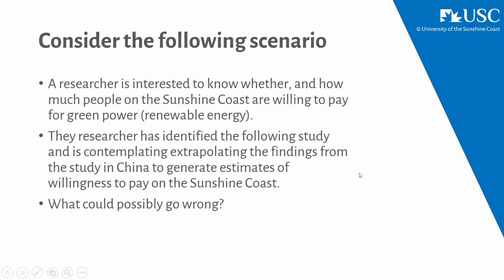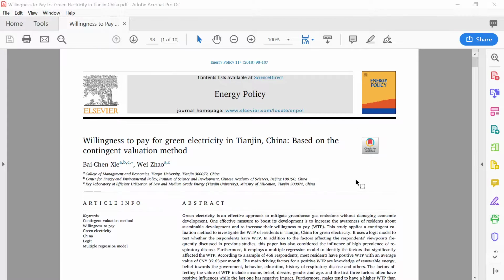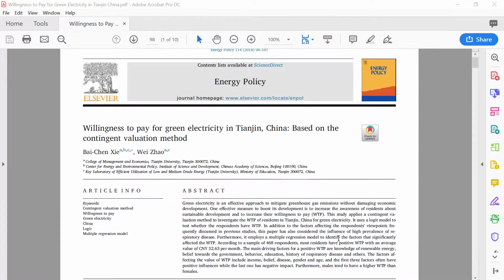So let's have a look at that study. So here's that particular study I am referring to. This is a willingness to pay contingent valuation study for electricity in Shenzhen, China, based on this contingent valuation method.